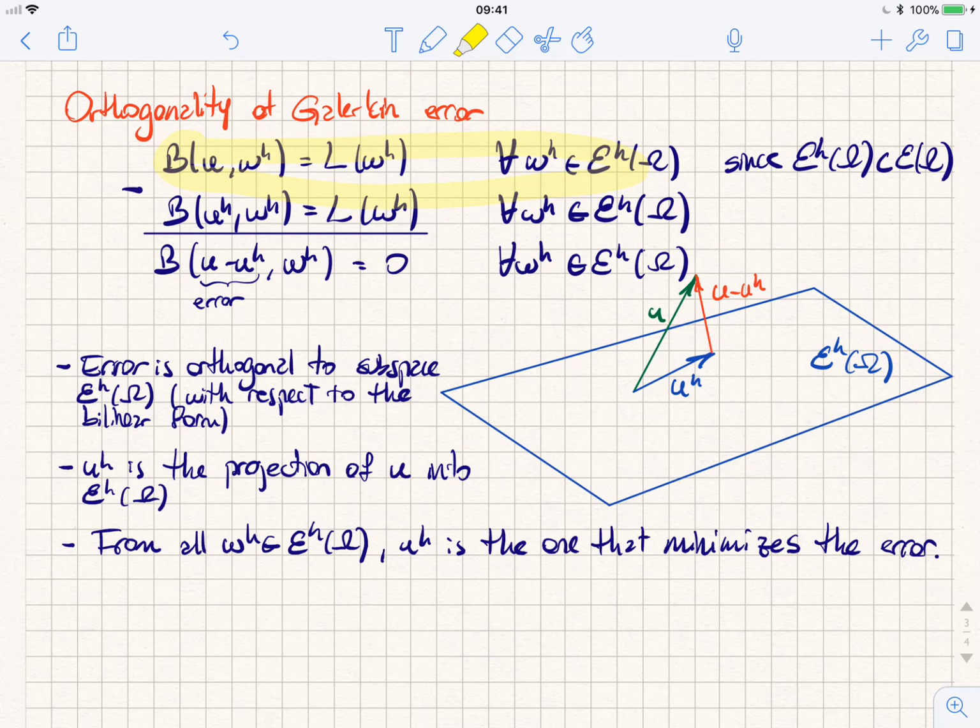So clearly the functions that are found in EH here are contained in that infinite dimensional space. That's why I can write that this is also valid, because if it is valid for every w in an infinite dimensional space, it has to be valid for every WH in that finite dimensional space. You understand? And that's how I can write this equation, because EH is a subspace of E.